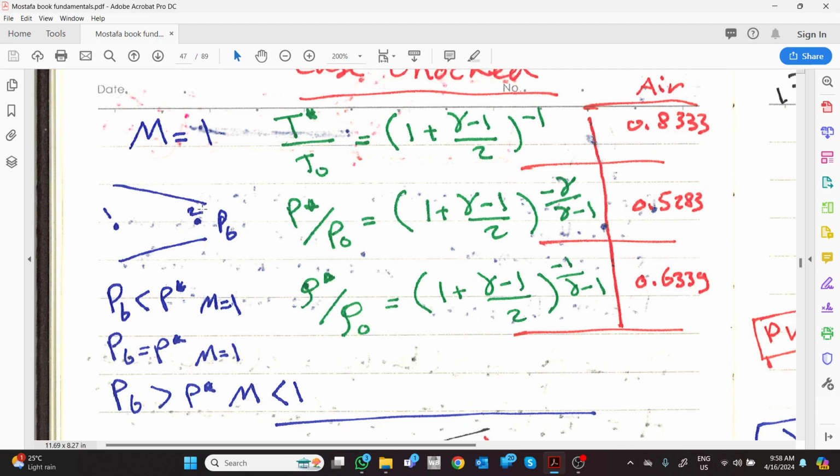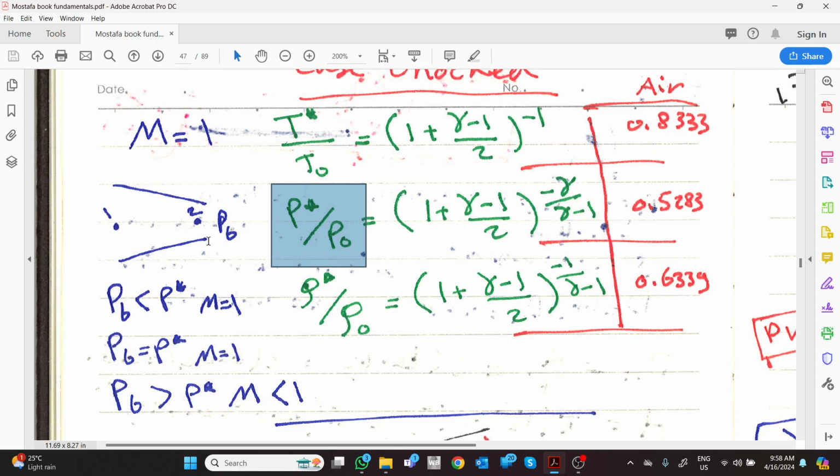My question is how to reach Mach number 1 at the nozzle. If you check this one, we need to ensure that P star, which is the pressure here, is satisfied, which means you need to reach this pressure.